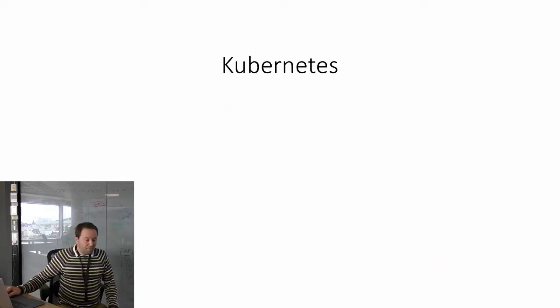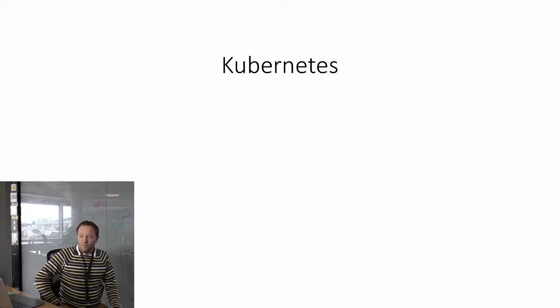So we are looking into Kubernetes. Kubernetes, it's a quite funny name. I went to the Greek pie place and asked the guy there, I wanted to order a Kubernetes, because he's Greek, and Kubernetes is an old Greek word.